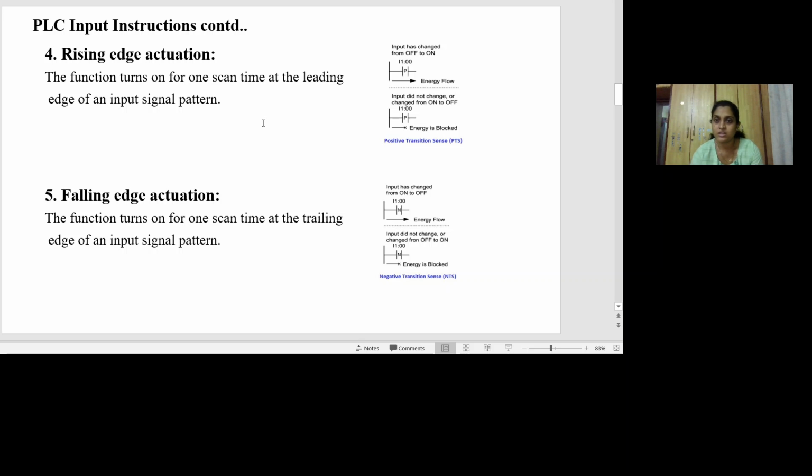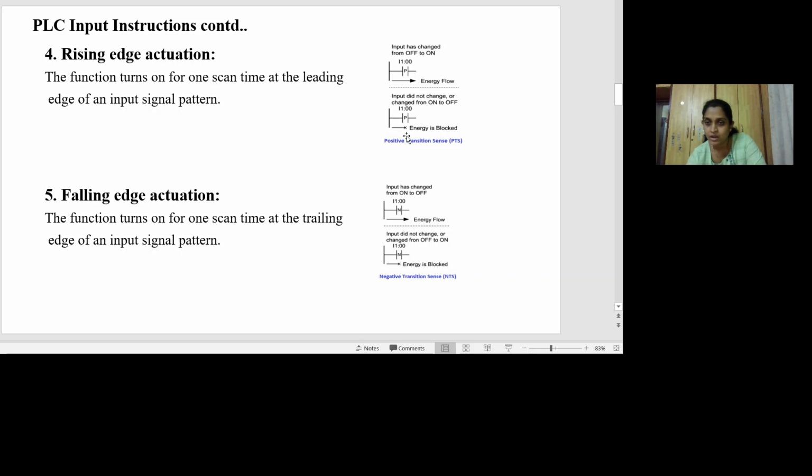Only when that rising edge occurs, at that particular point of time, your contact will be energized, and the energy flows from one rail to another rail. This will energize the output coil.